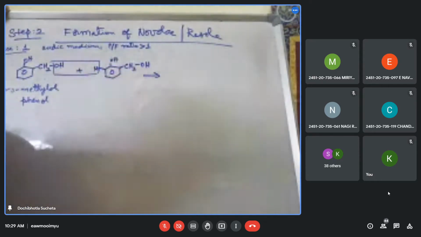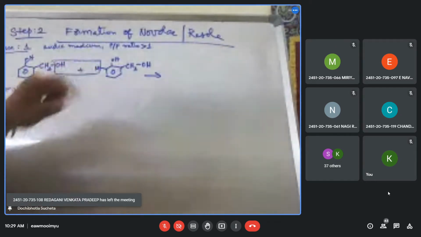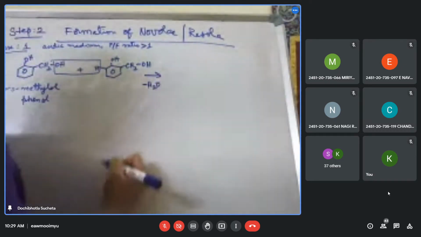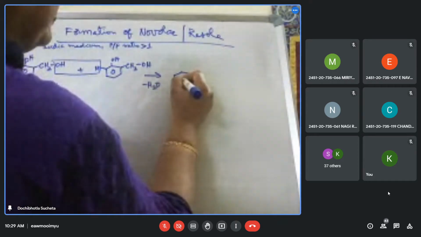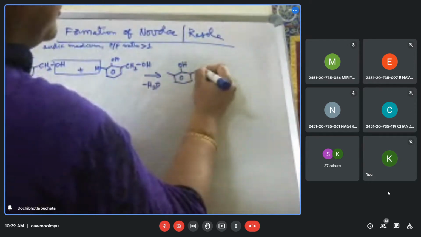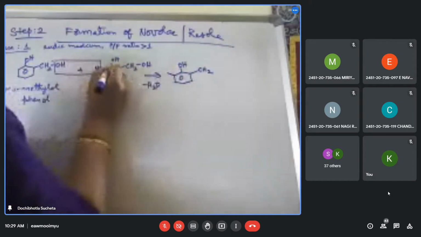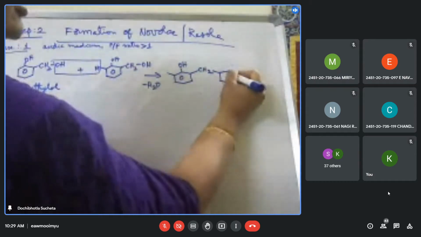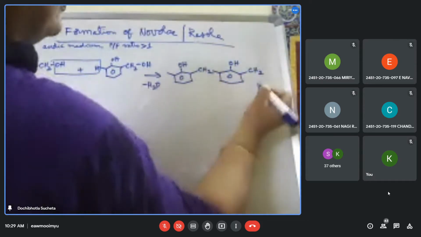Please check what is reacting here. These two are reacting, minus water, to form methylene mediated phenolic rings, benzene with CH2, like that.